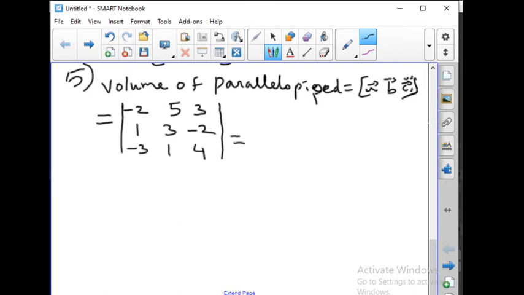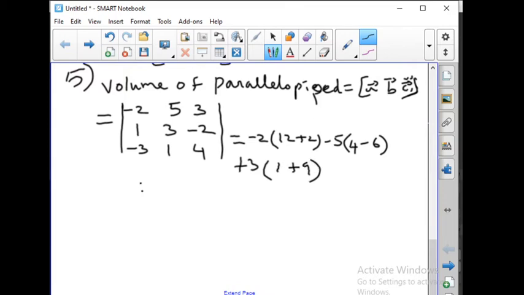So it is equal to minus 2 into 12 plus 2, then minus 5 into 4 minus 6, plus 3 into 1 plus 9.